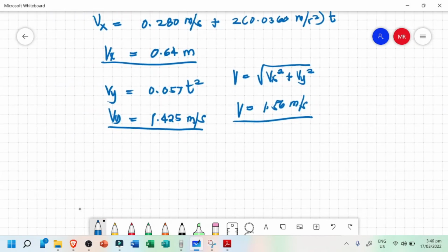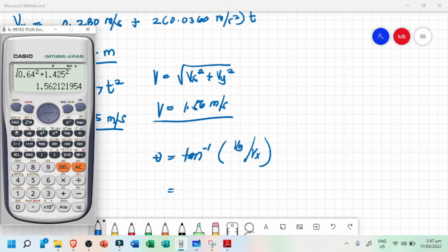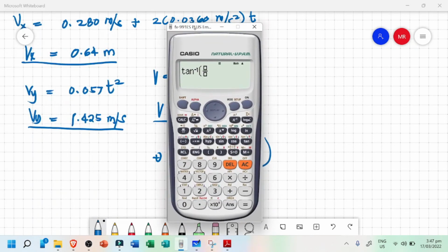Let's say the direction is theta, and we need to use tangent. Theta is the arc tangent of Vy over Vx. Using the values that we got for Vx and Vy, arc tangent of 1.425 over 0.64.